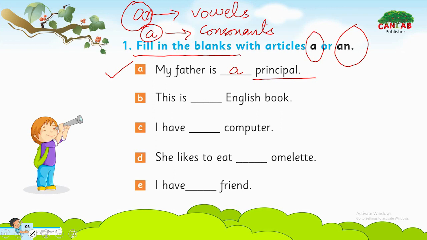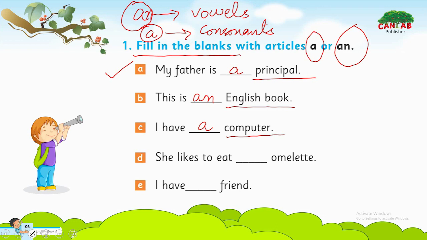In the same way, the second sentence is, this is dash English book. English is a word that sounds like a vowel. So this is an English book. The next one is, I have dash computer. Computer doesn't sound like a vowel, so here a will come. The next one is, she likes to eat dash omelette.